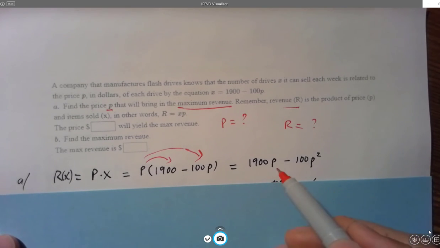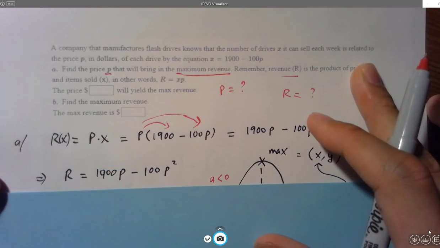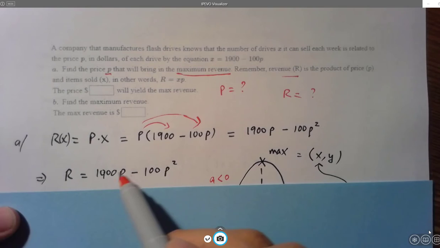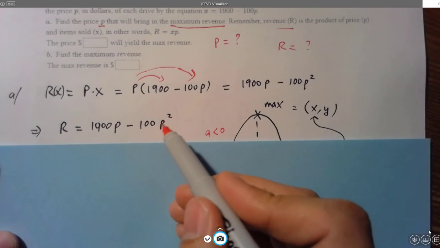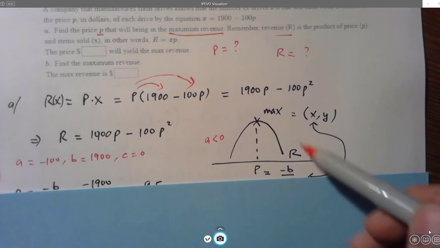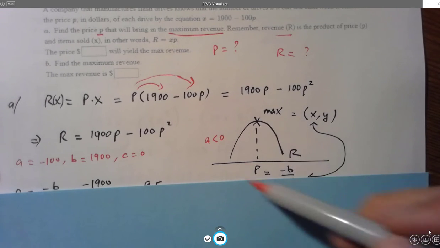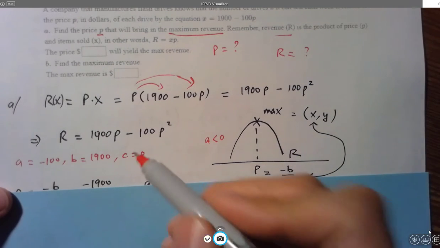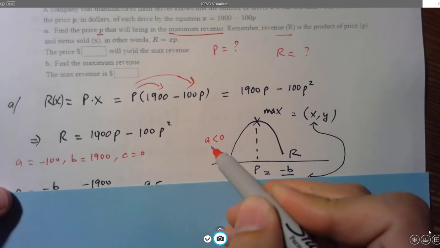Okay, so in fact this revenue function R is a parabola because of the squared term here. We know that a parabola either opens down or opens up, but in this case the value of A is minus 100, which is the coefficient in front of the squared term.